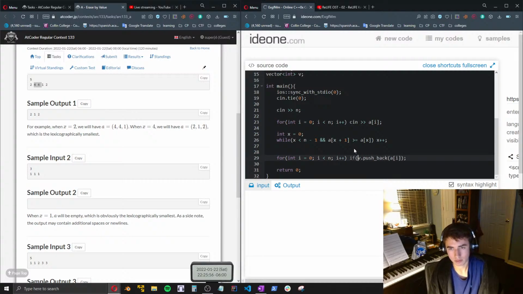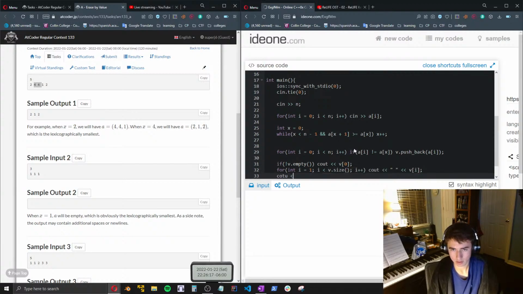If a of i equal x, then if not empty, print a space. Okay, this should be doing what I want.